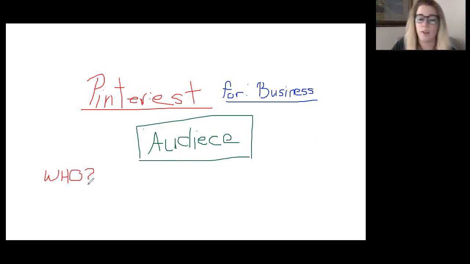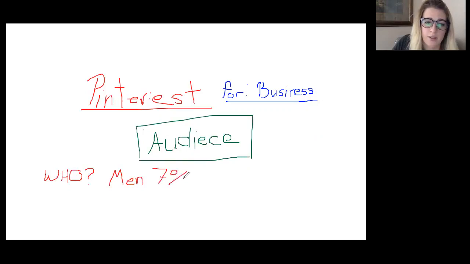Well, at the current time, it is early in 2018 right now. Men make up about 7% of the audience on Pinterest. So 7% of the people who are currently on Pinterest identify as men, which means that the audience is primarily people who identify as women.